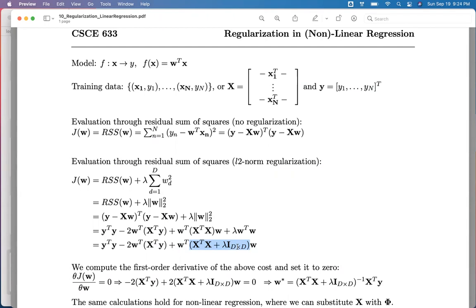Now, what we want to do after that is compute the first order derivative of this expression here. By computing this first order derivative, this term does not depend on W, therefore it disappears. This term only depends on W transpose, therefore the only thing that remains is this multiplier of W transpose.